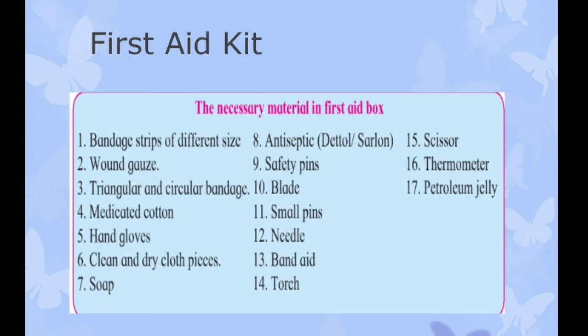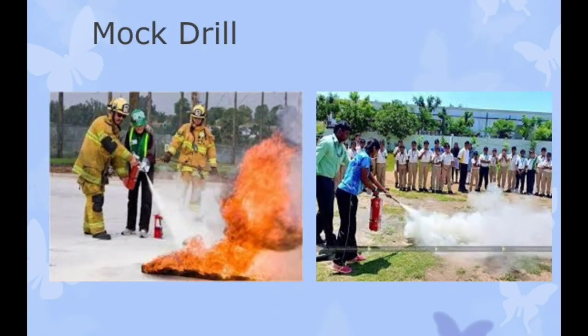For example, bandage strips of different size, wound gauze, triangular and circular bandage, medicated cotton, hand gloves, clean and dry cloth pieces, soap, antiseptic that is Dettol or Savlon, safety pins, blade, small pins, needle, band-aid, torch, scissors, thermometer, petroleum jelly, etc.